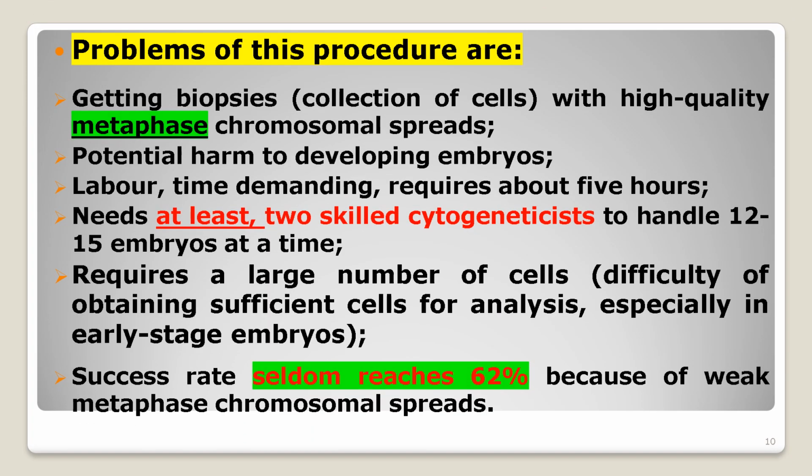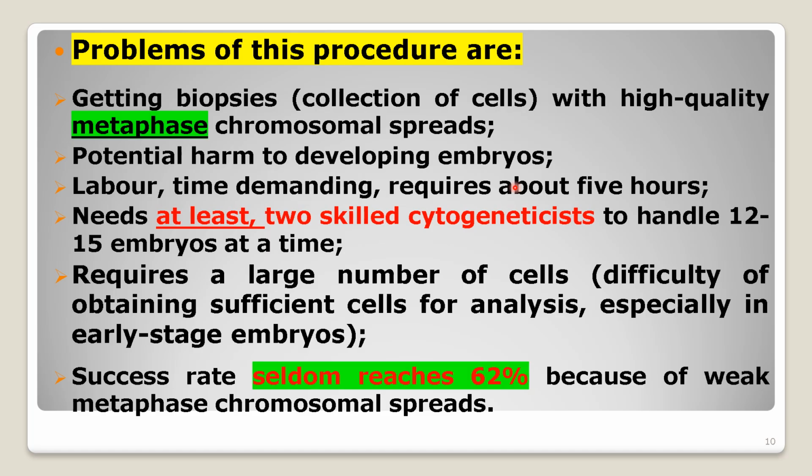However, there are problems attached to this procedure. One is getting biopsies with high quality metaphase chromosome spreads. There is potential harm to the developing embryos. It is labor intensive, time demanding, and requires up to about 5 hours.